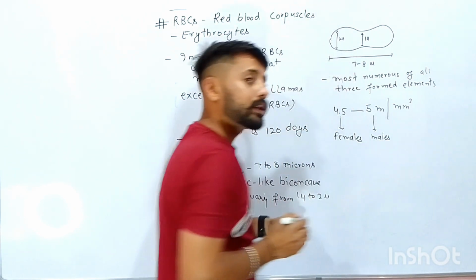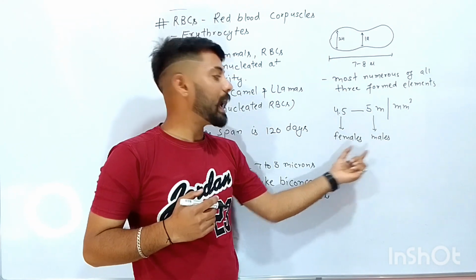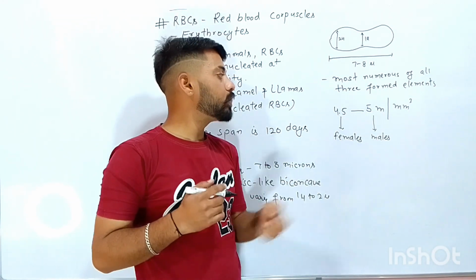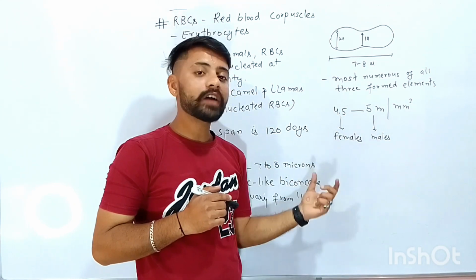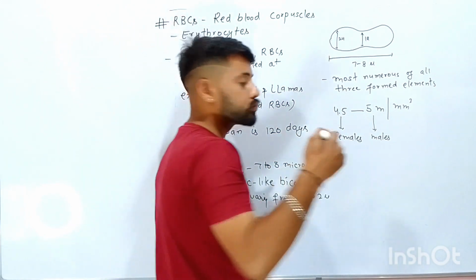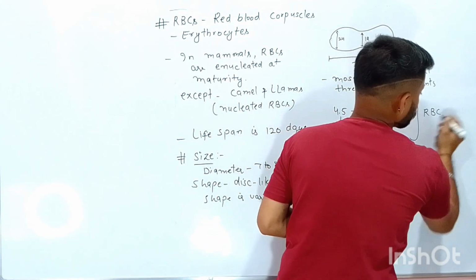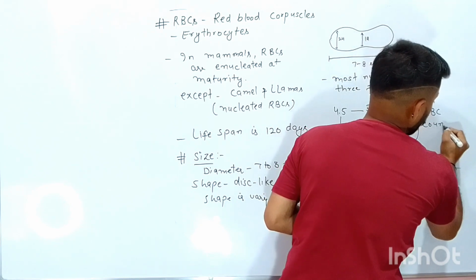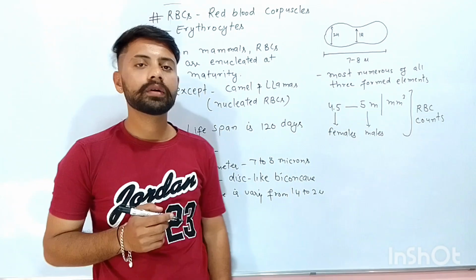And that's why we said that the number of RBCs is less in females as compared to males. This number of RBCs is also called the RBC count. So RBC count is the number of RBCs present in males and females.